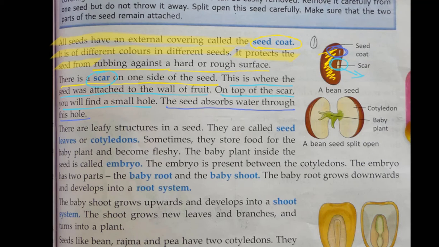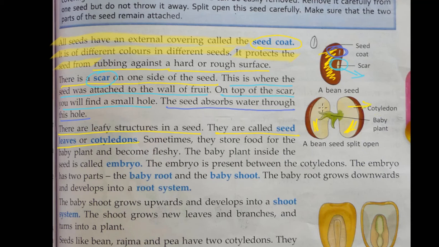So now let's see how the seed grows up. Now let's see what is there inside the seed. There are leafy structures in a seed. Look at this. This portion is called the leafy structure of the seed. They are called seed leaves or cotyledons. It's been marked over here.